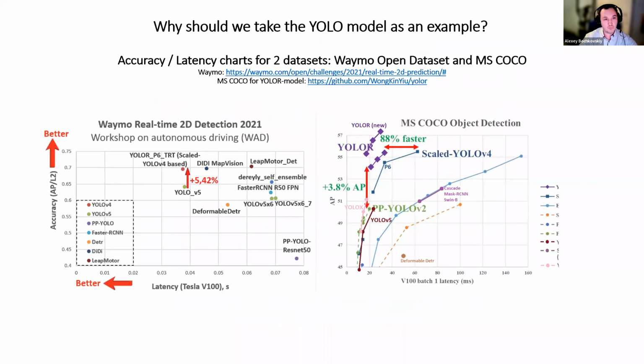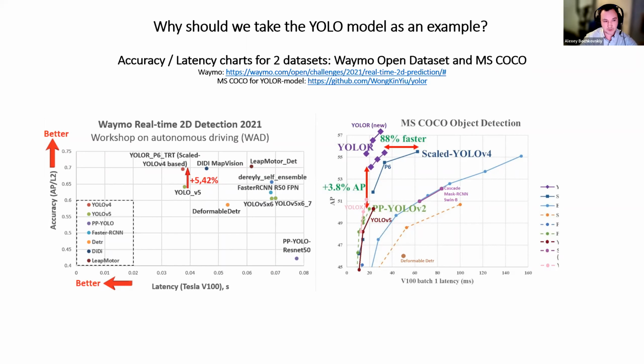But it's also much more important to understand the speed of a neural network and the ratio of accuracy and speed. There are 2 charts with accuracy and latency. The left chart is for the Waymo real-time 2D detection dataset.